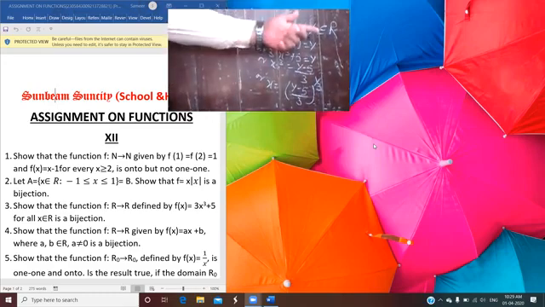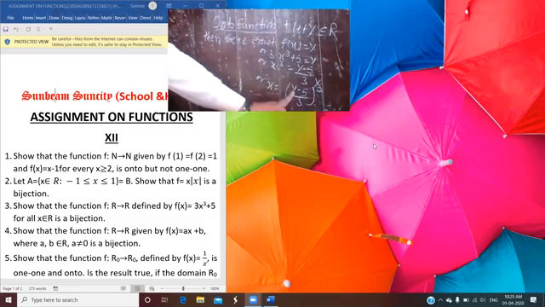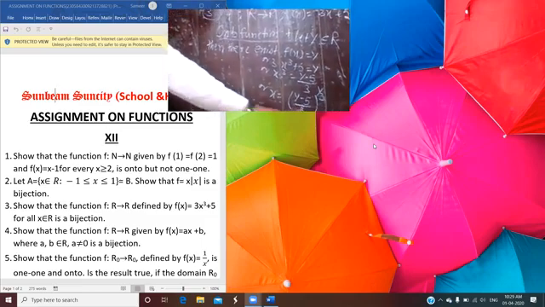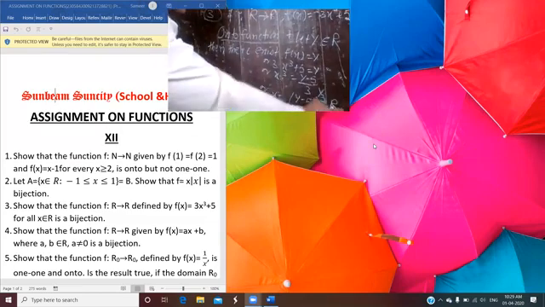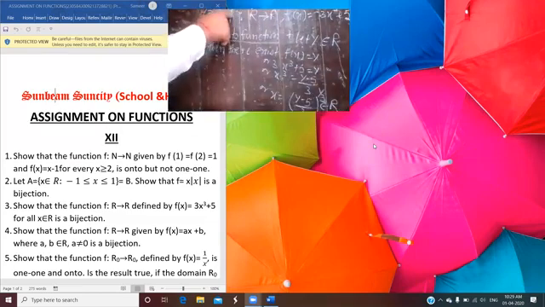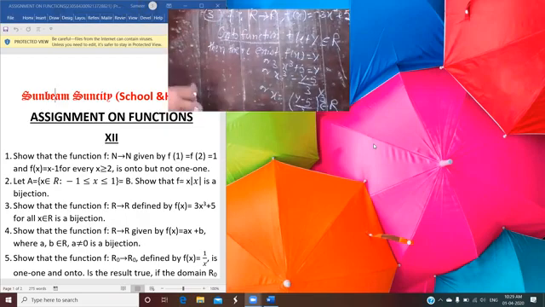It means if y belongs to R, then there exists x equal to this one, and that also belongs to R, and that R is from the domain, such that f(x) is equal to y.